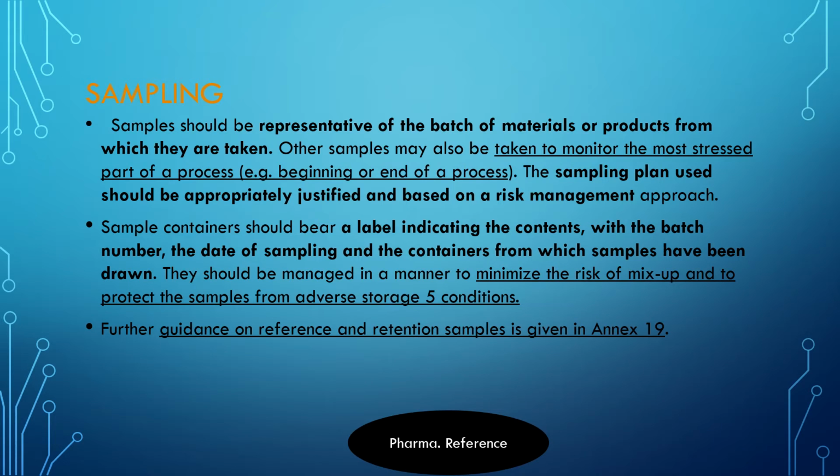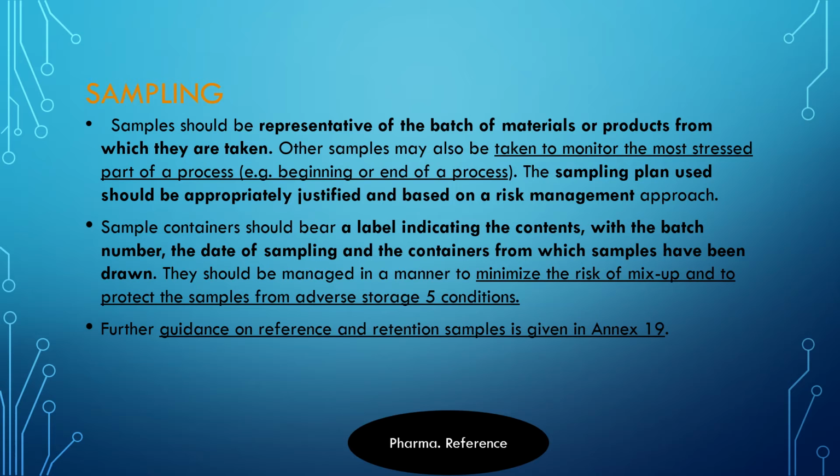Samples should be representative of the batch of materials or products from which they are taken. The sampling plan in use should be appropriately justified and based on a risk management approach.